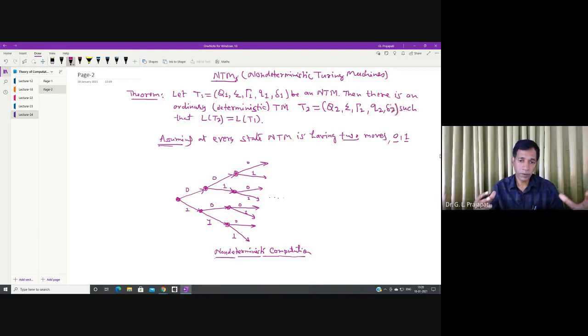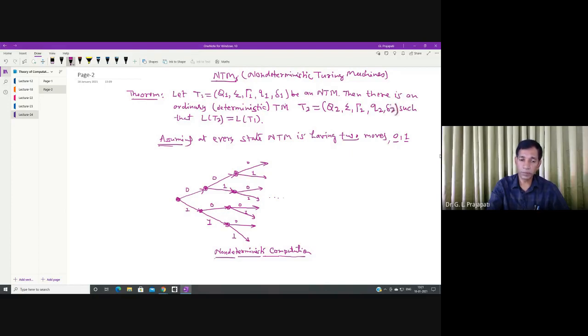But this non-determinism we thought of with the intuition that your machine is intelligent enough, and once your machine is intelligent enough, it is able to make the correct decision at every state. Say your machine is at the initial configuration, and it has two choices of moves.